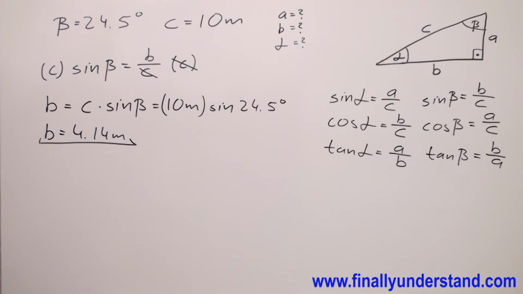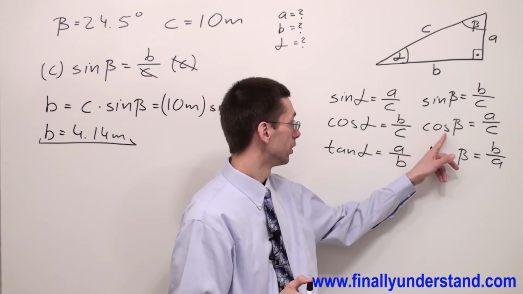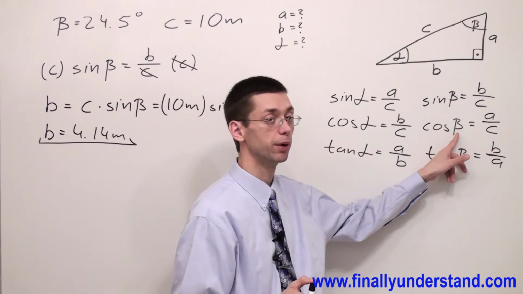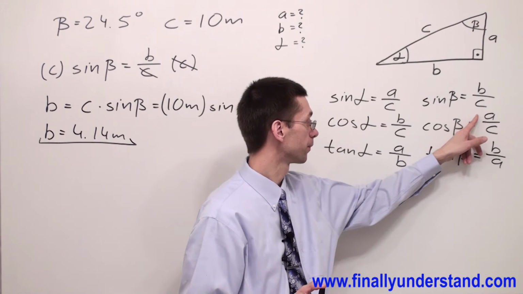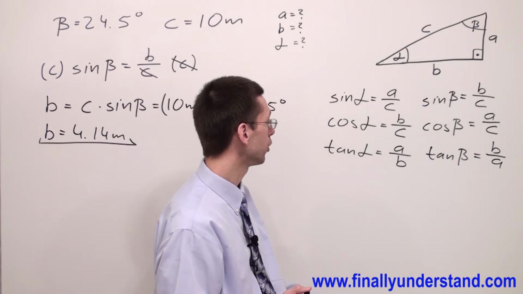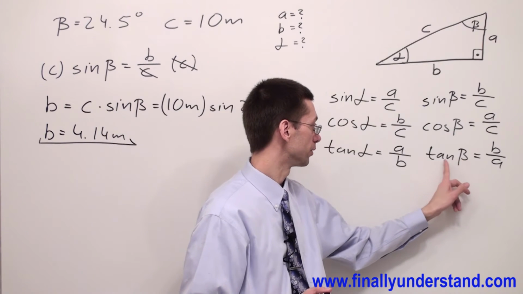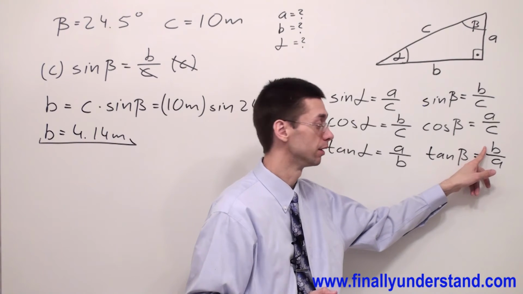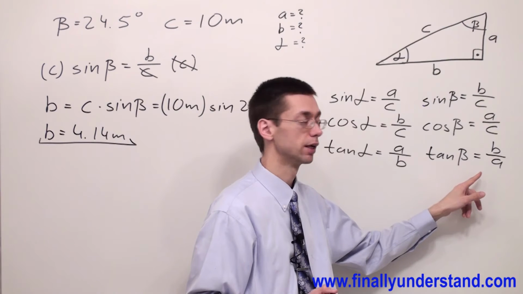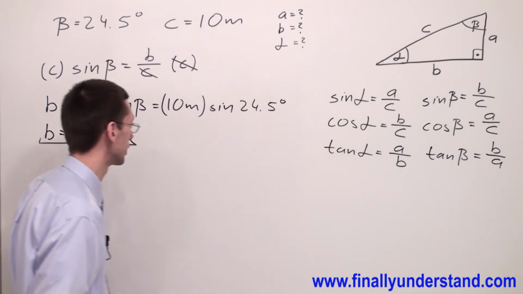Next, we're supposed to find side A. Side A you can find from the formula for cosine beta, because beta is given, C is given, I can find A, or I can find A also from the formula for tangent beta, because tangent beta is equal B over A. We found the length of side B, and we can rearrange this formula to find the length of side A. We can also use the Pythagorean theorem.